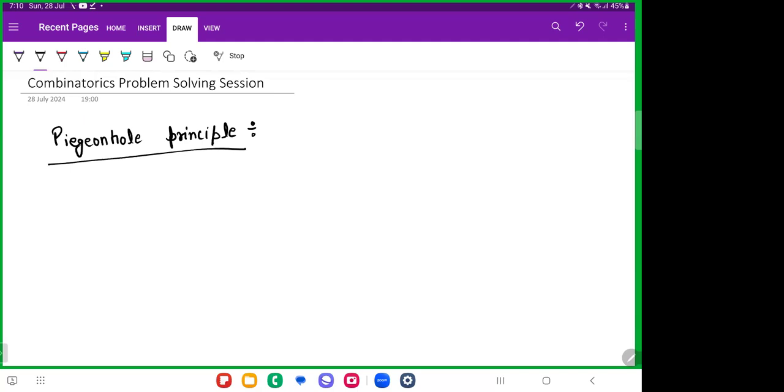Suppose we have k plus 1 balls and we need to place those k plus 1 balls in k boxes.